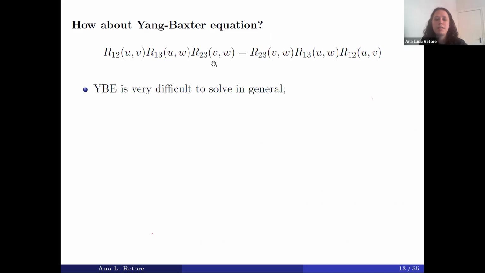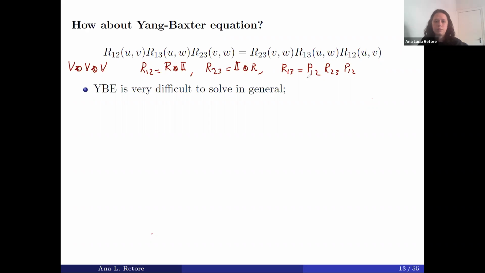Thinking about the notation in terms of R as a mathematical object, you can think of this Yang-Baxter acting on 3 spaces, and then R12 is R cross identity, R23 is identity cross R, and for 1, 3 you use the permutation operator. So this is what it means here.